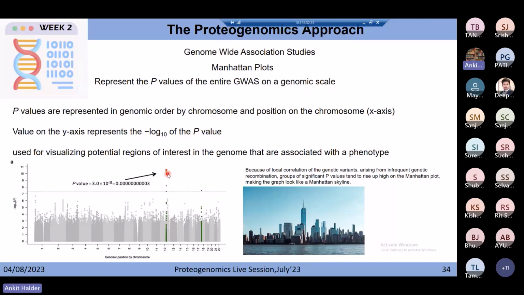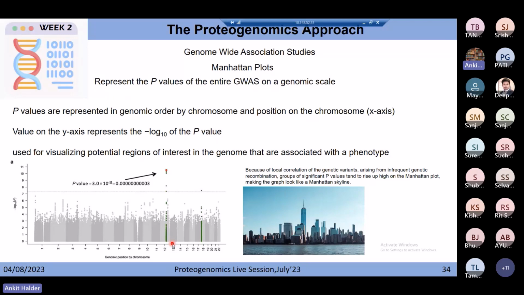This gives a pattern similar to the Manhattan skyline. I think you can all see the resemblance between this plot and this picture. That is where the name Manhattan plot came from. It is nothing but the p-values plotted against positions on the chromosome.